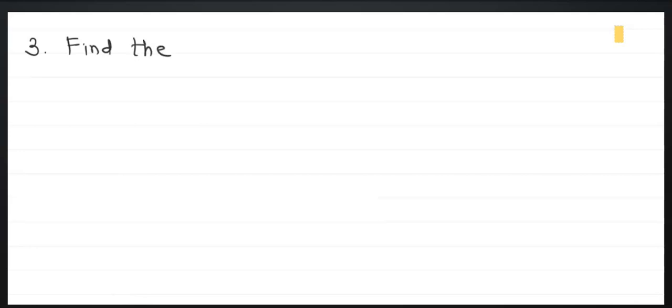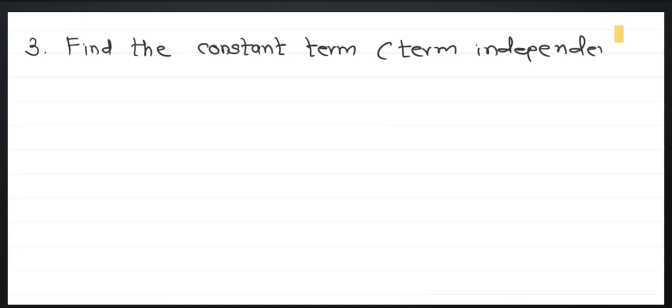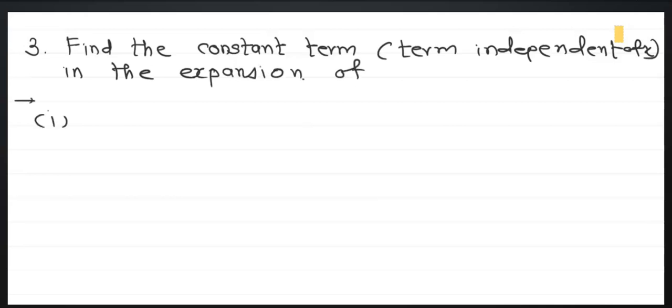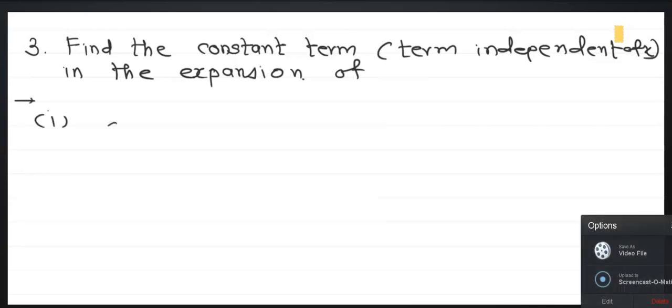Now, question number 3. Find the constant term, that is the term independent of x, in the expansion of (2x plus 1/(3x^2))^9. The constant term means what? That term should not contain x. Therefore the power of x equals 0.